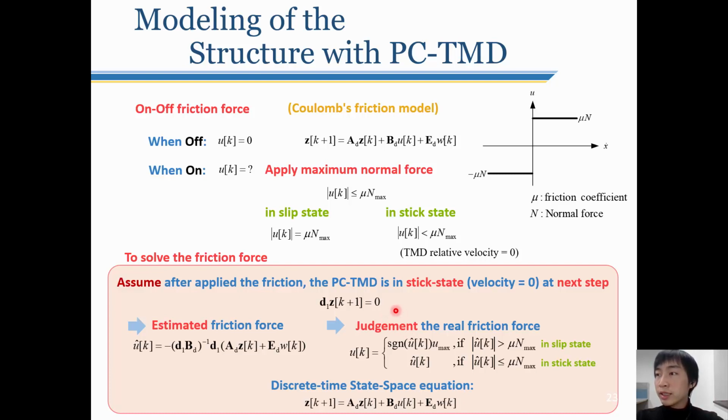Then substituting this condition into the discrete time state space equation, we can solve the estimated friction force. Then the estimated friction force is judged by whether the tuned mass damper is in stick or slip state to get the real friction force. After we get the real friction force, then the next step can be calculated. So the time history analysis can be done.